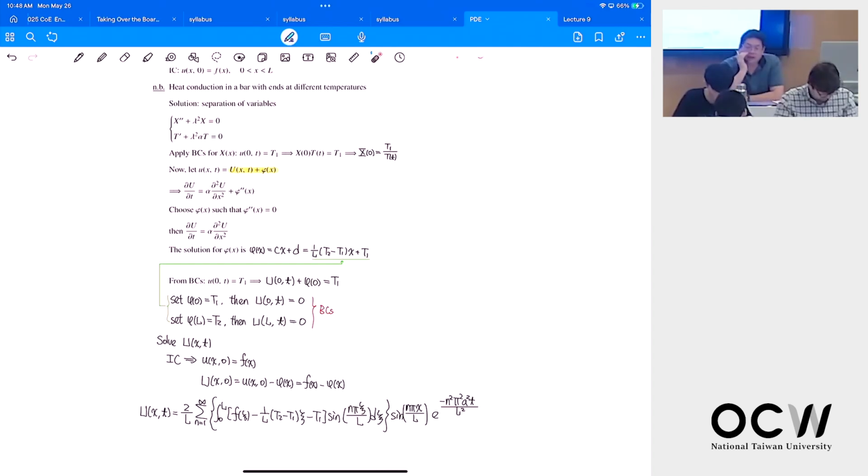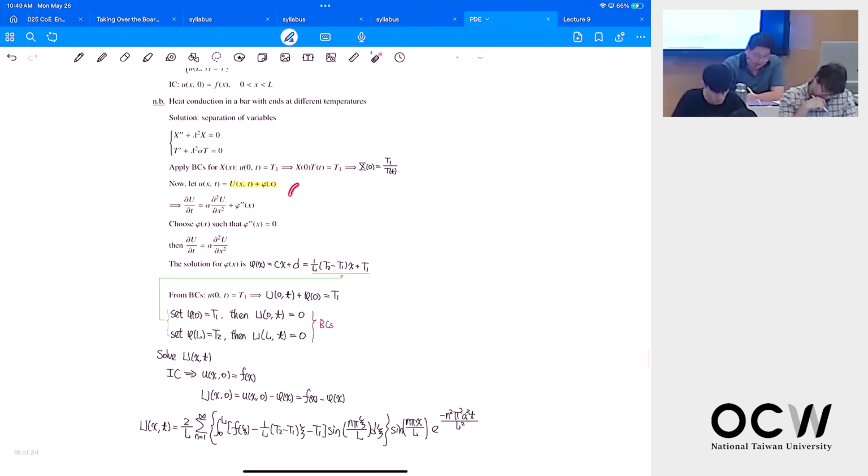Okay, so right now we just use one method that's called separation of variables to solve the partial differential equations. But for the partial differential equations, we have different boundary conditions or different initial conditions. Based on those conditions, you need to figure out in the process how you finally find the solution.